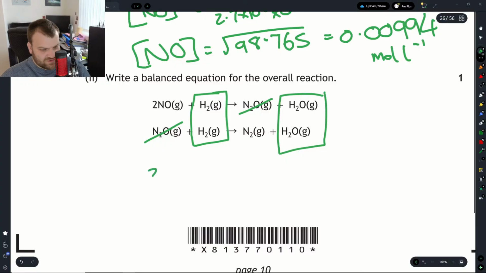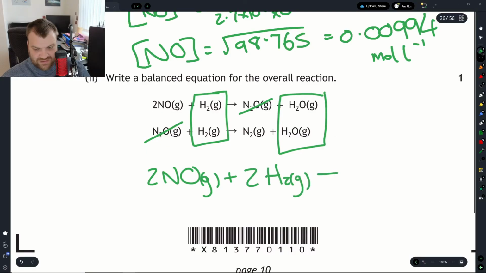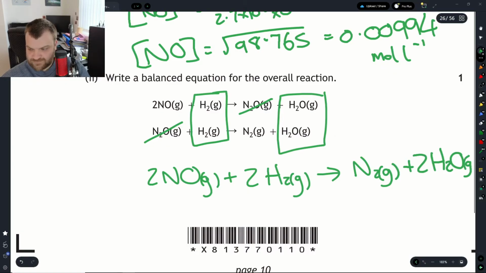Same with our waters, that gives us 2NO gas plus 2H2 gas goes to N2 gas plus 2H2O gas as well. We have got 2 nitrogens on the left, also 2 on the right, that's fine. We have 2 oxygens here, 2 oxygens there, also fine. 4 hydrogens, 4 hydrogens, that would be your balanced equation.